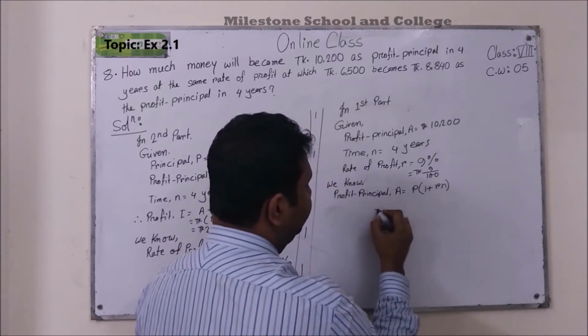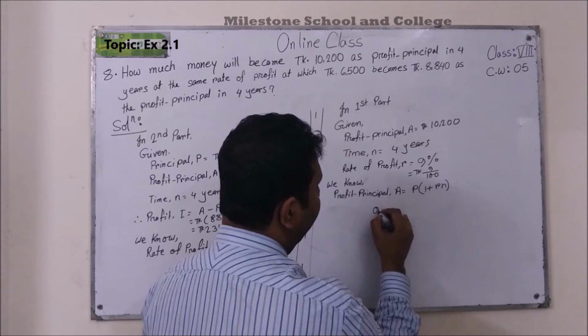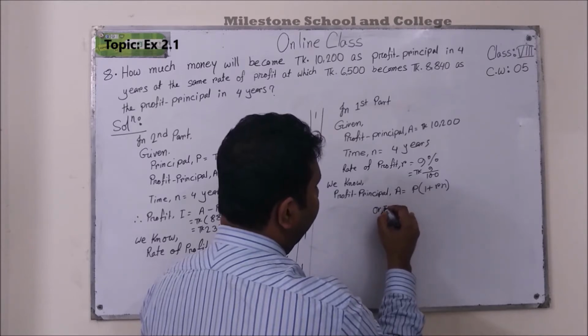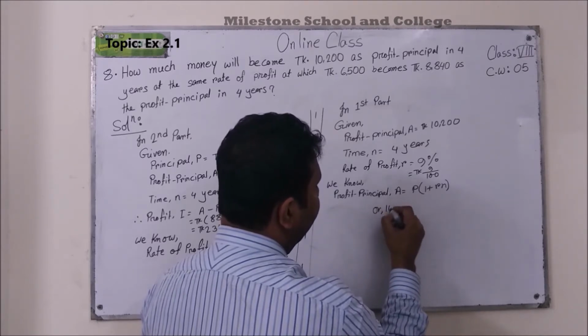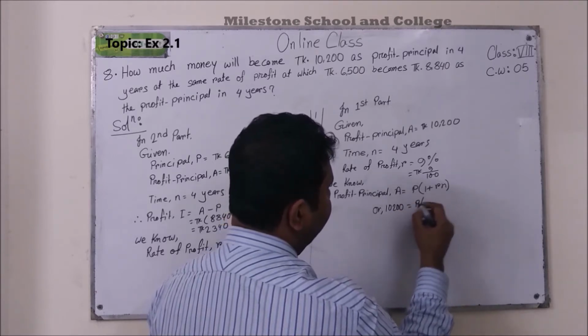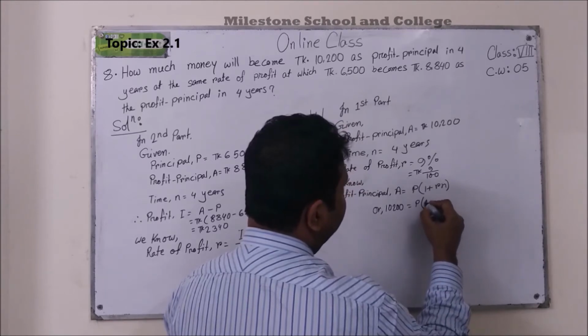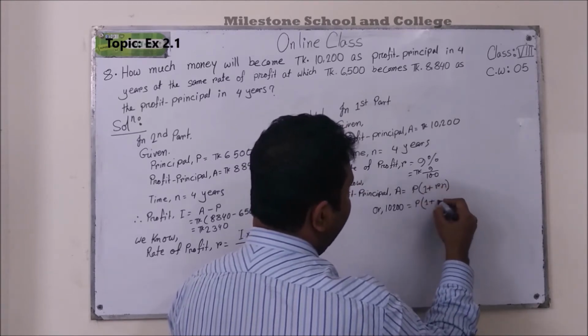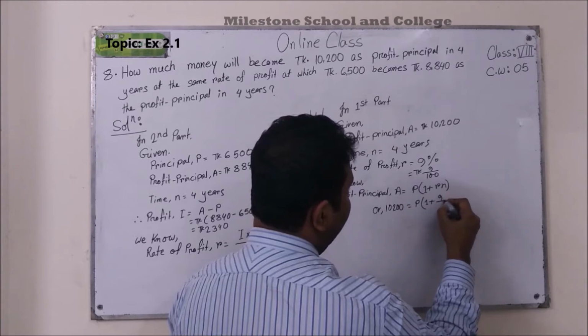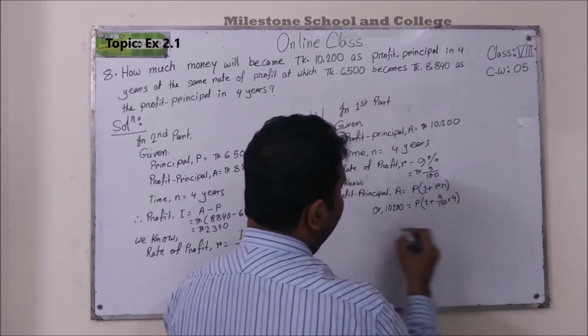So if you put the value here, 10,200 taka equals P into (1 + R), as we have to find the value of P. The value of R is 9 by 100, and n equals 4.